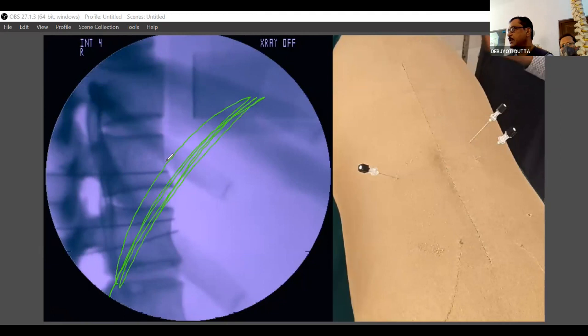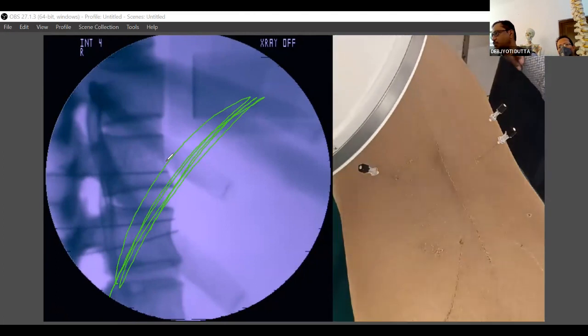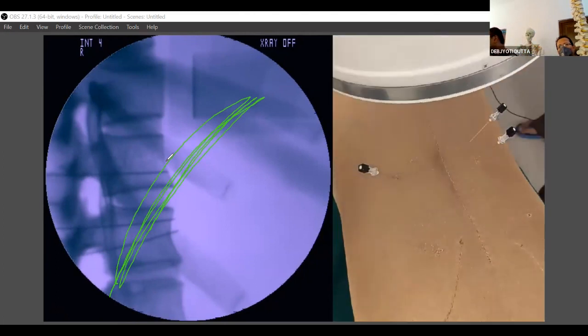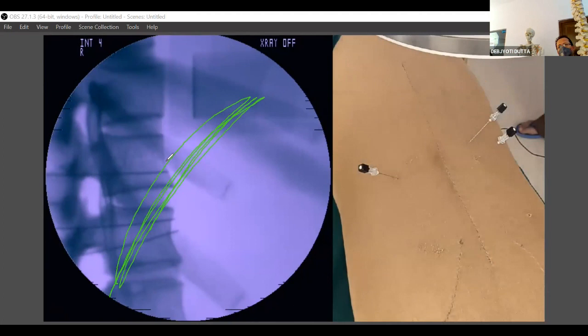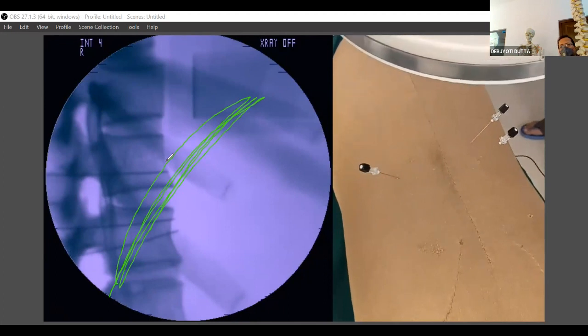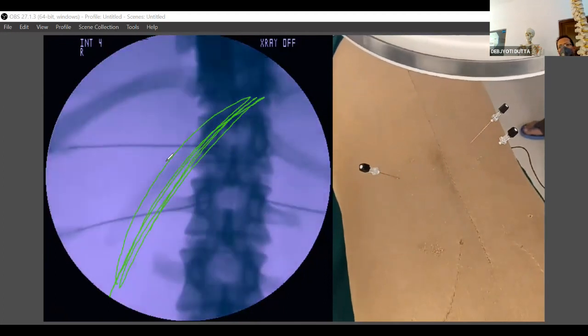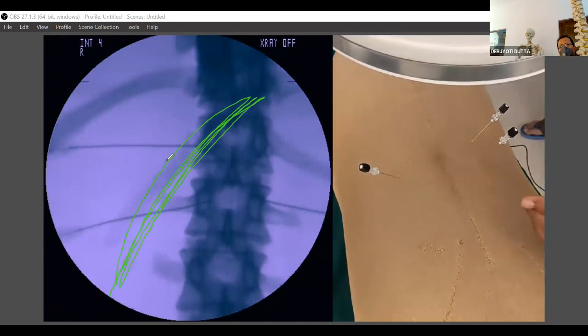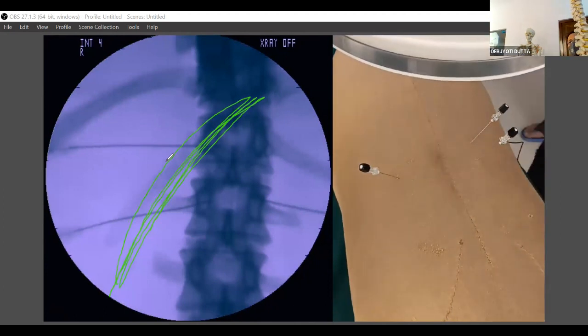Splanchnic nerve block can be done in the same way, but I'll be showing you the classical approach, how the splanchnic nerve block is recommended to be done. A 10 centimeter needle is okay.